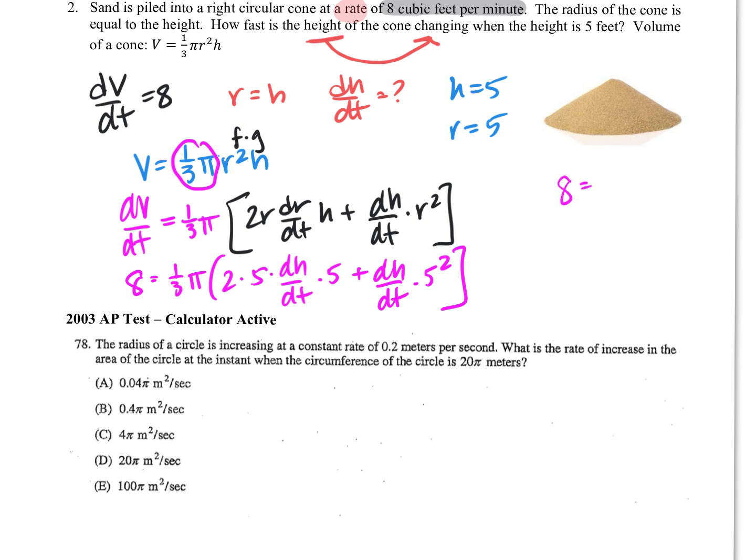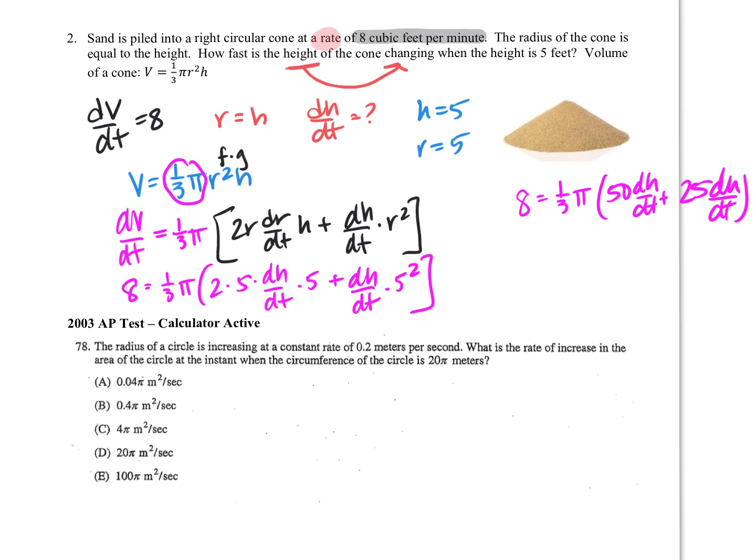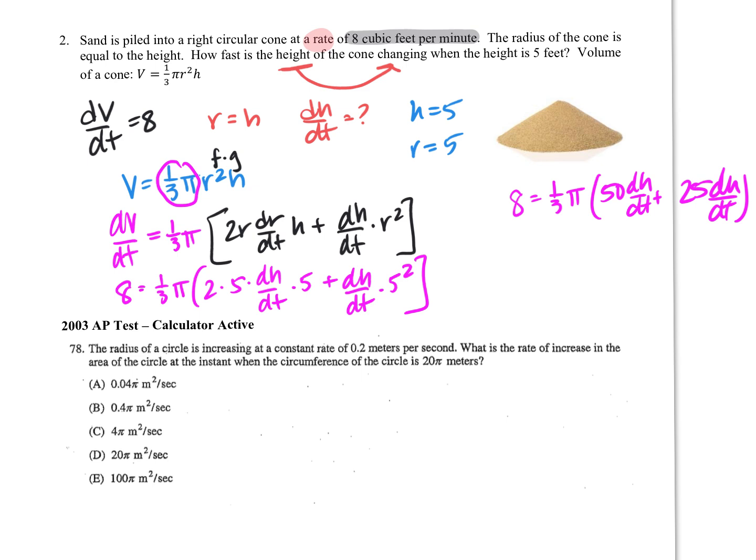We got 8 equals 1/3 pi. How many dH/dt's would you have here? 50 dH/dt's and 25 dH/dt's? Wait, so we're changing the dr/dt to a dH/dt? We sure are, because they were equal, so therefore they're increasing and decreasing at those rates.